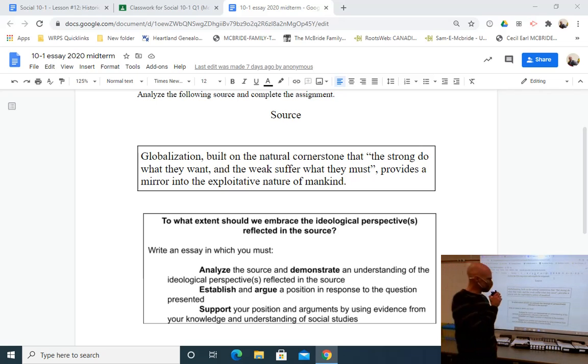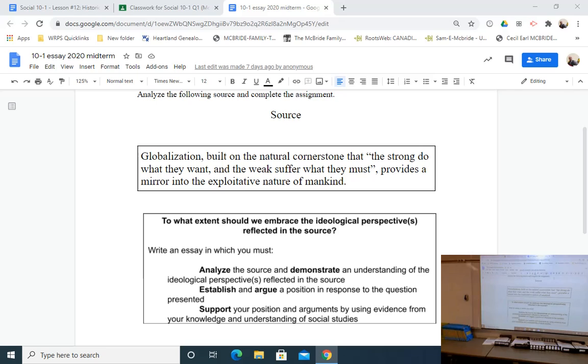So the first phrase is suggesting this is what it is, but it's also suggesting it's not necessarily a good thing: that globalization is built on the strong feeding on the weak, and that provides us a look into how we are, by nature, evil, exploitive people.